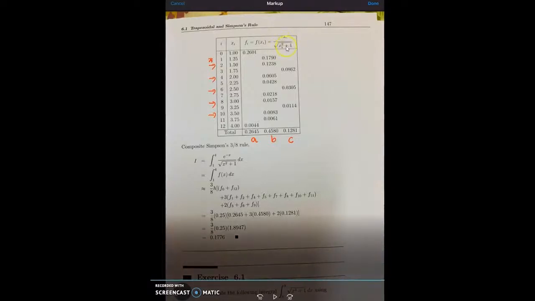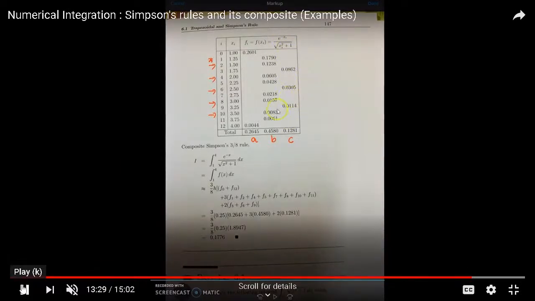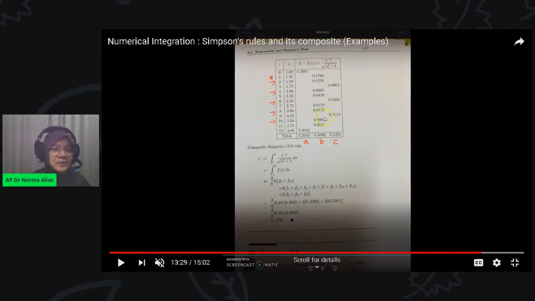Use your calculator, please. Where is your calculator? I want to see your calculator. All right, please get your calculator. This is my calculator. You need to insert the function, exponent negative x divided by x squared plus 1.